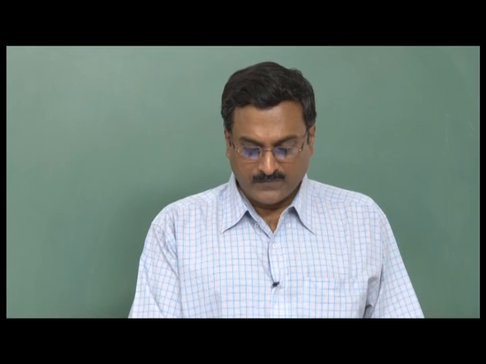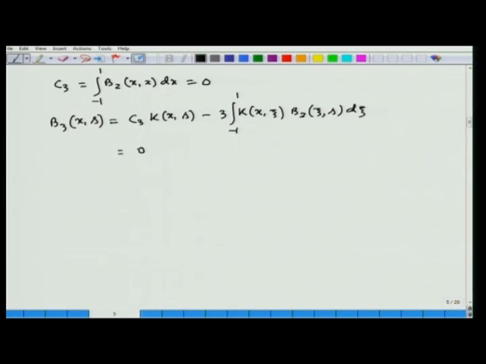So, you will have B3 equal to 0, and therefore, you can easily understand that all of C4, C5 and so on, these constants are identically equal to 0. Accordingly, B4(x, ξ), B5(x, ξ) and so on, all of them will be equal to 0.